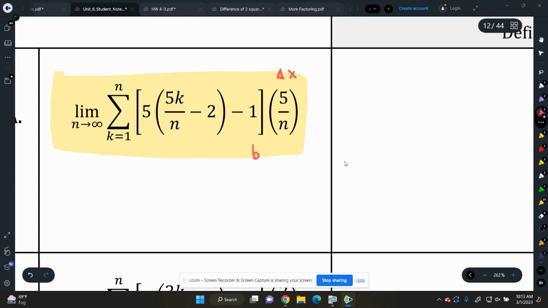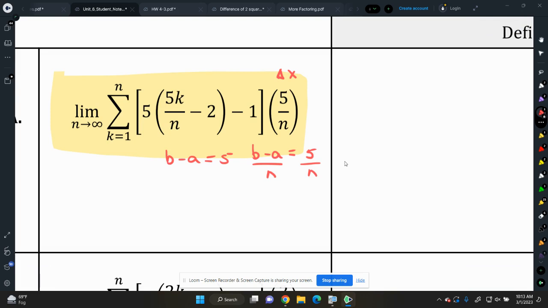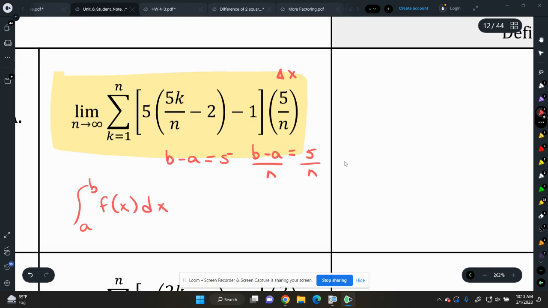So what does b minus a equal? B minus a over n equals, right, so b minus a is 5. So you're going to work backwards. We want to get it in the form of the integral from a to b of f of x dx. So you've got to figure out what a and b are, and you've got to figure out what f of x actually is.